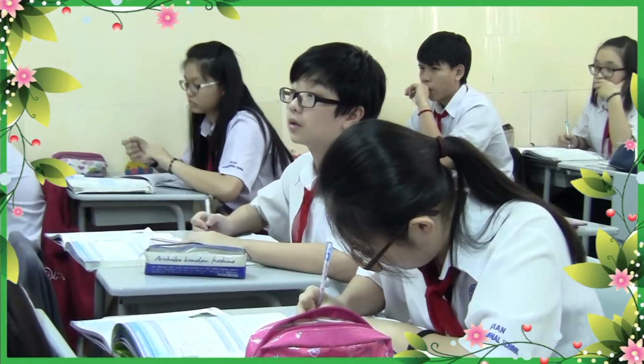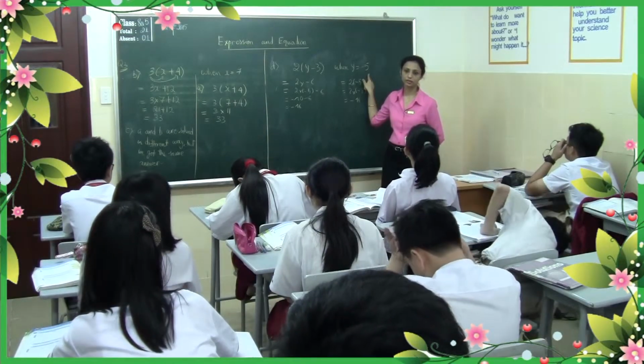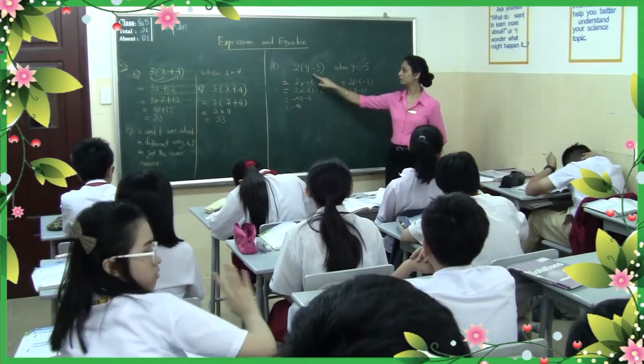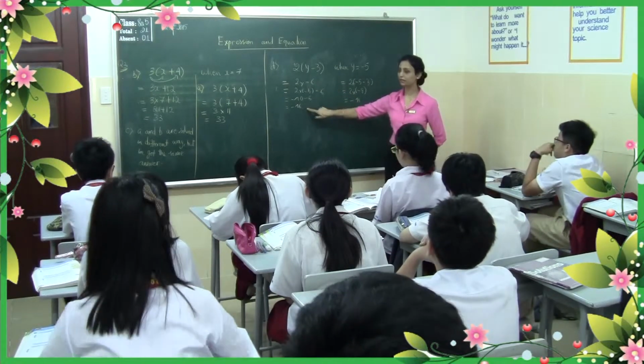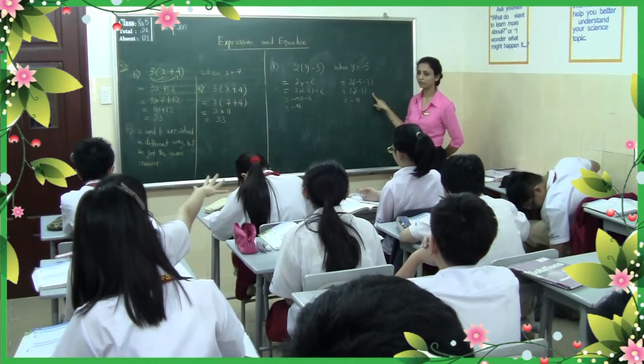Solve this expression where the value of y is minus 5. Yeah. Done? Yeah. Minus 5, yes. So we substitute the value here after expanding, minus 5 here, minus 60. But here, by using BIDMAS, inside the bracket first.